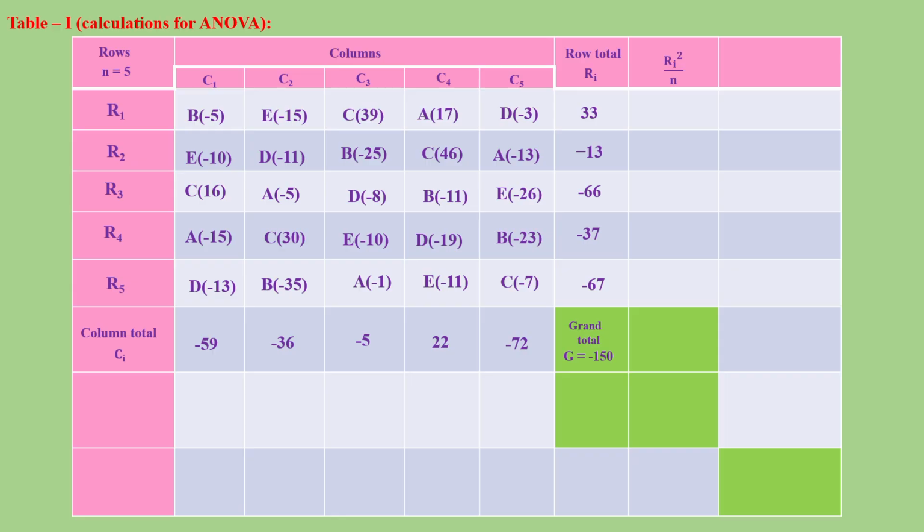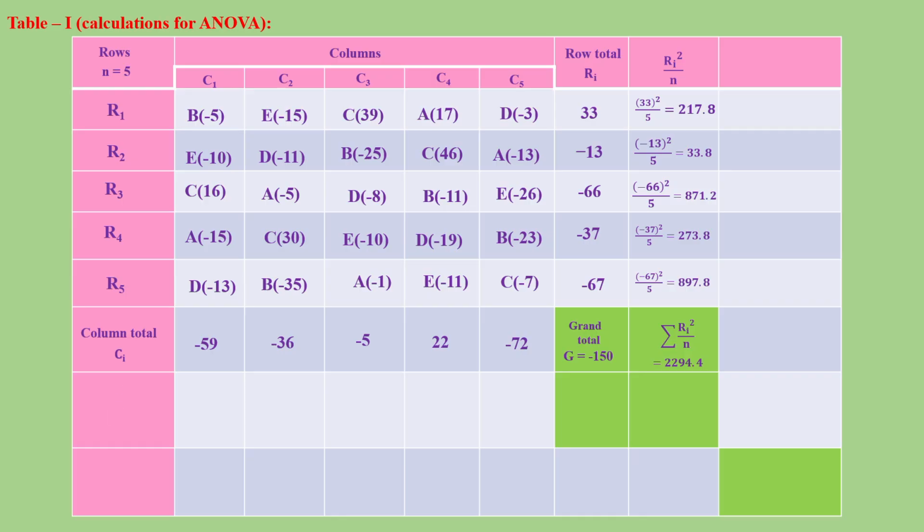Next to find Ri square by n. So first row 33 square by 5, 217.8. Next second row 33.8, third row 871.2, fourth row 273.8, and fifth row 897.8. Summation Ri square by n is equal to 2294.4.